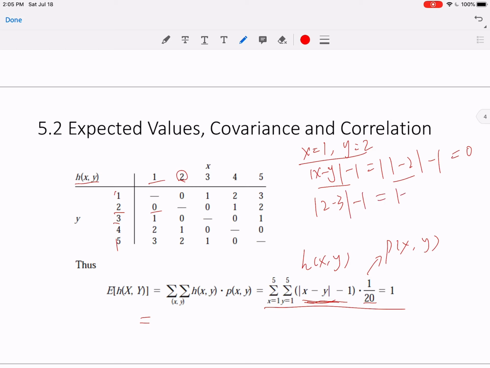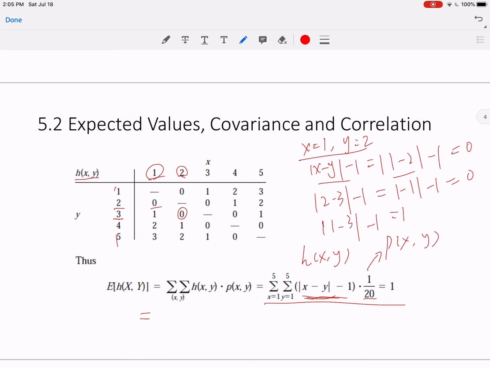We have the absolute value of negative 1, minus 1, which is 0, and that's why we have 0 over here. Okay, now let's take a look at this. When y is equal to 3 and x is equal to 1, we have the absolute value of 1 minus 3, and then minus 1. We have the absolute value of negative 2, minus 1, which is 1. That's how we got the 1 here.